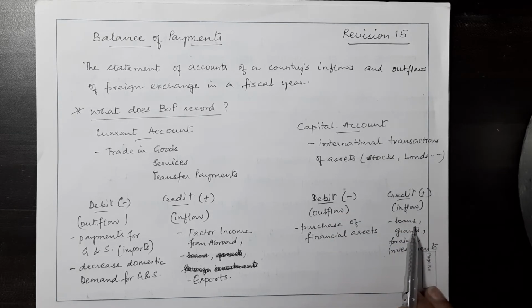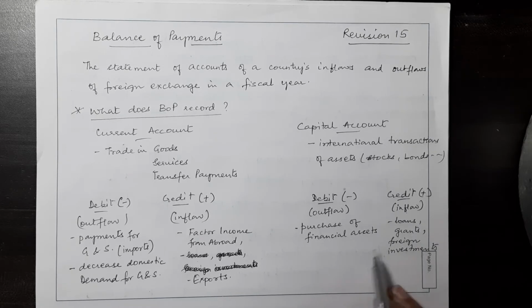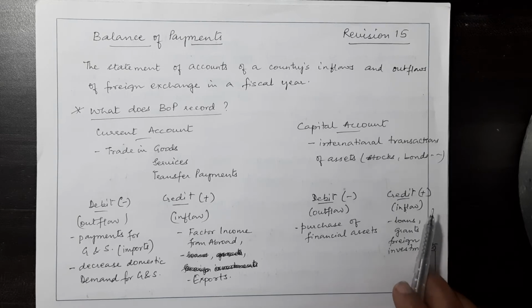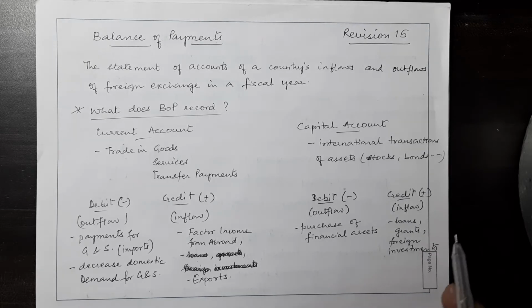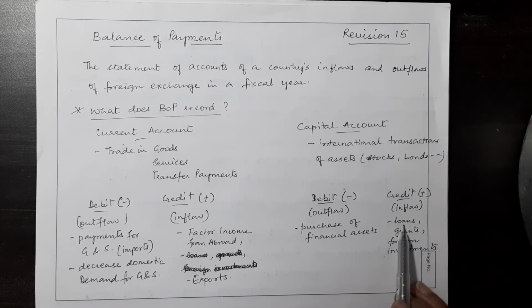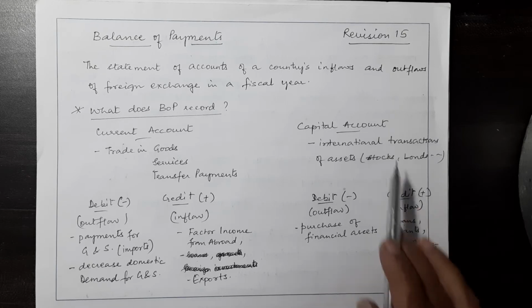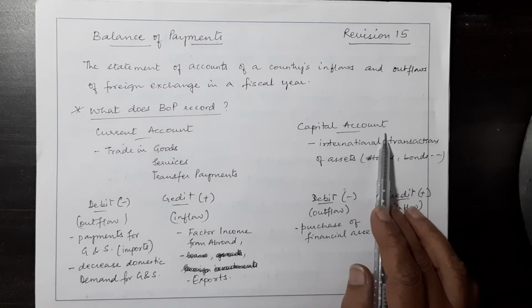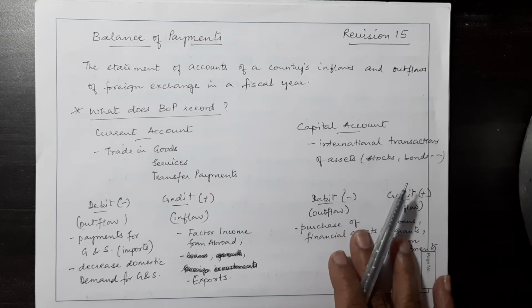Then if we are talking about loans or grants or foreign investments into the country, then it will be recorded on the credit side of the capital account. If there is some company that is investing in our country, or if we are getting loans from outside, then it will be credit side of the capital account. So that is how the question is asked.